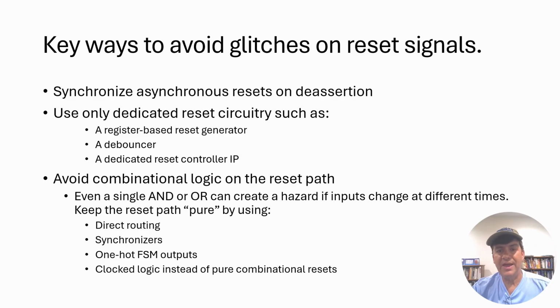Even a single AND or OR can create a hazard if inputs change at different times. Keep the reset path pure by using direct routing, synchronizers, one-hot finite state machine outputs, and clocked logic instead of pure combinatorial resets.